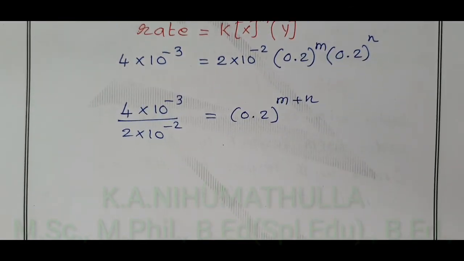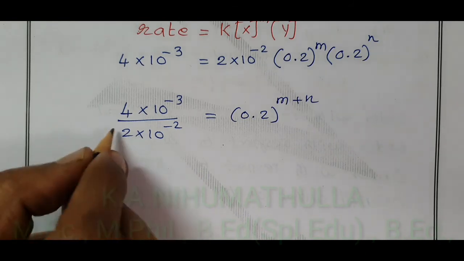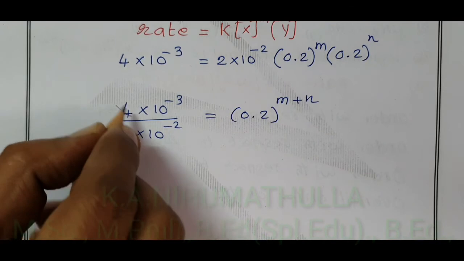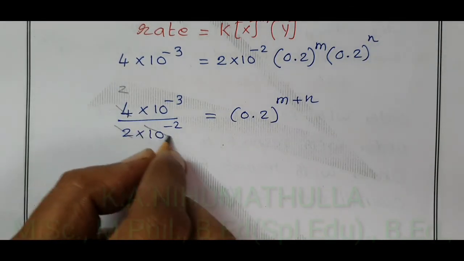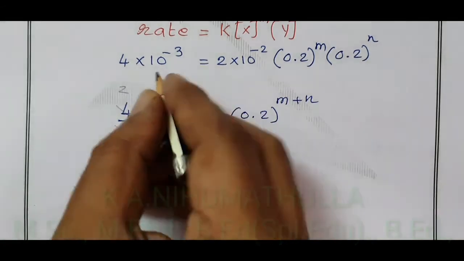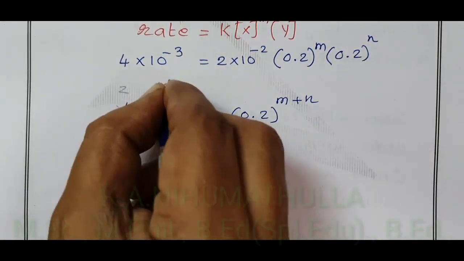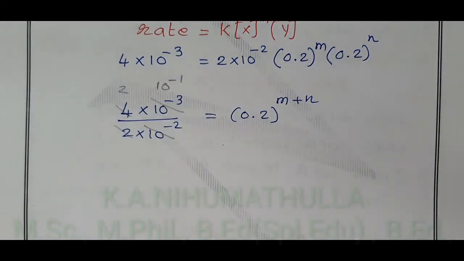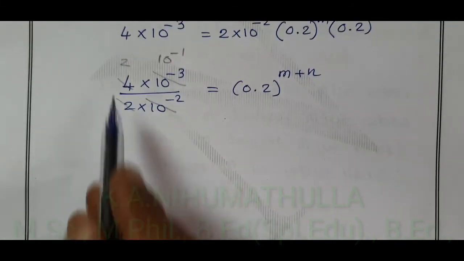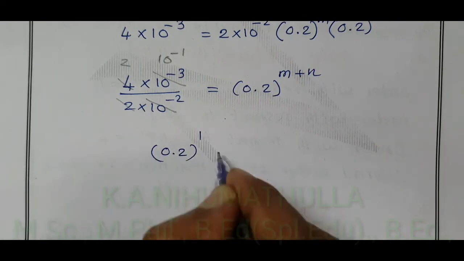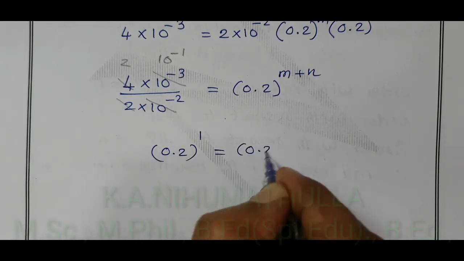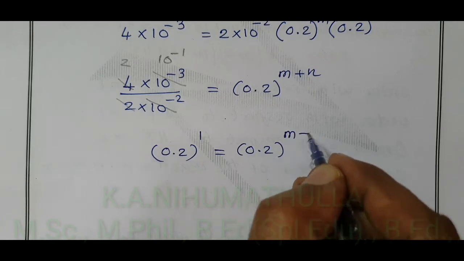Now, cancel the denominator and the numerator. 2 2s are 4. 10 power minus 2 and 10 power minus 3 get cancelled, leaving 10 power minus 1. So, 2 into 10 power minus 1 is equal to 0.2. Power 1 equal to 0.2 power m plus n.